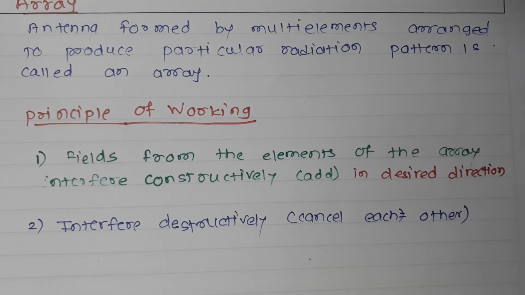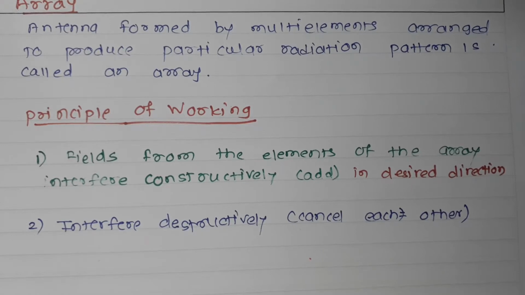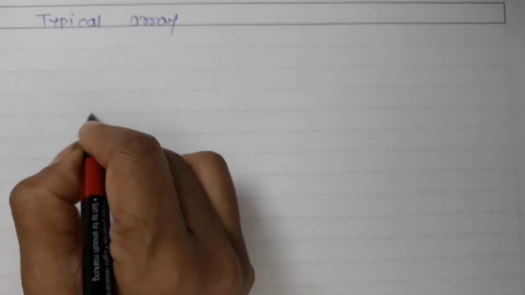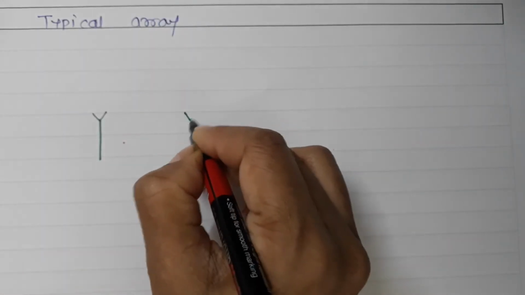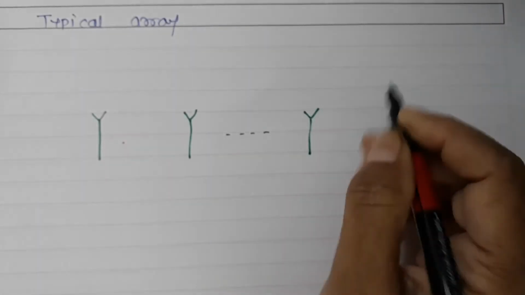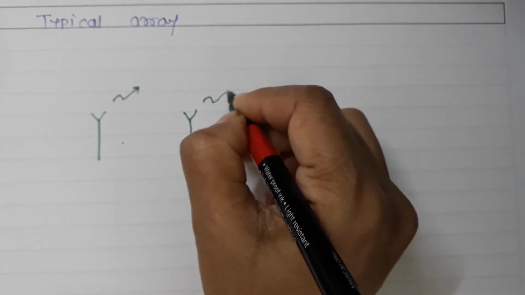Now we are going to see what kind of construction there will be for a typical array. If I am considering a typical array, I am considering that my array is a linear array and I have similar element antennas. This is one antenna, this is the second antenna, and such n antennas I am connecting together. This will be the radiation by these antennas.